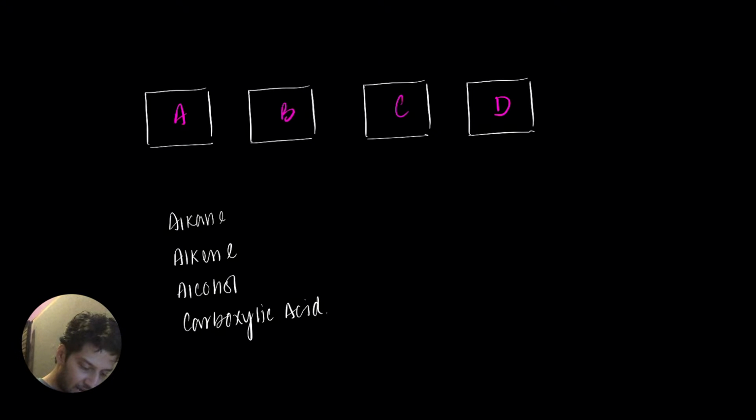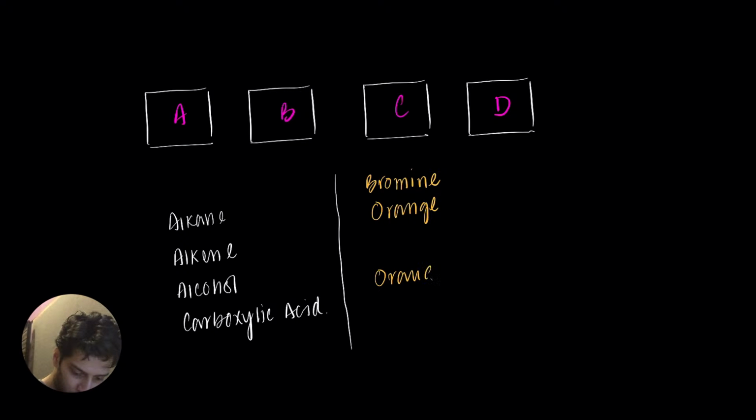There will be no reaction if you take all of the others and make them react with bromine. They will all stay orange, orange, orange. But over here, the alkene will change its color from orange to colorless.